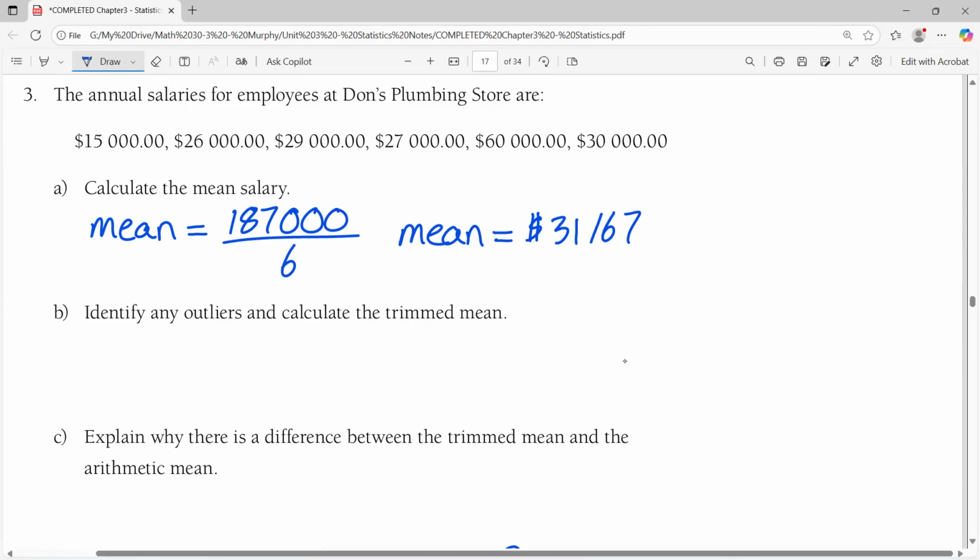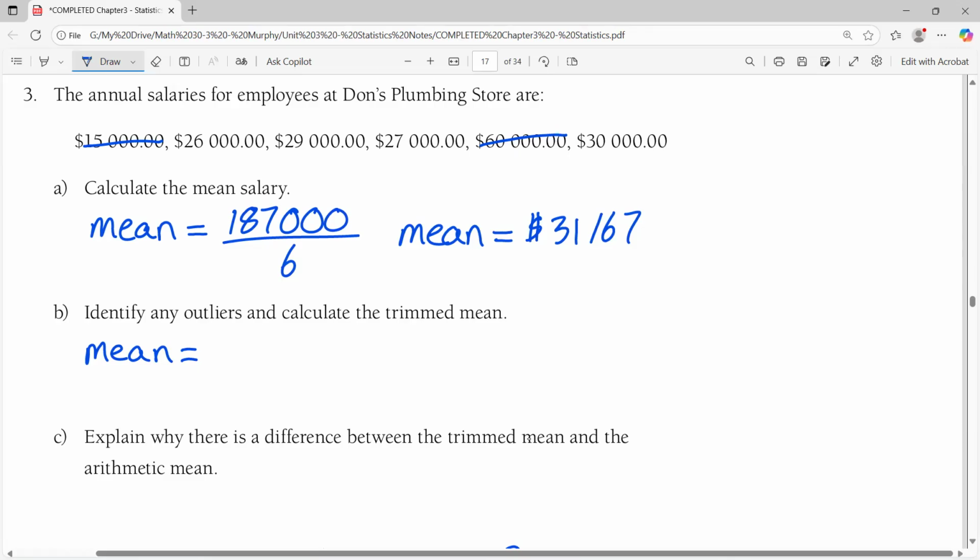Okay. Identify any outliers and calculate the trim mean. Okay, so the high one is 60,000. And also that's going to get rid of the super low one, 15,000. So we get rid of the high and the low there. Okay, now when we calculate this, you could have looked at that like, well, 15,000 is also super low compared to some of the other ones, but then that would also cross out 60,000.